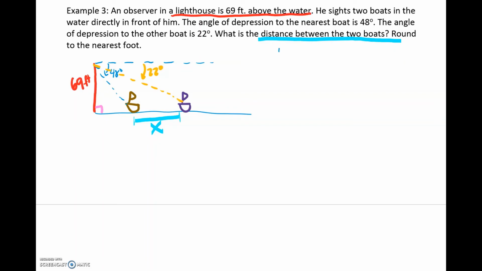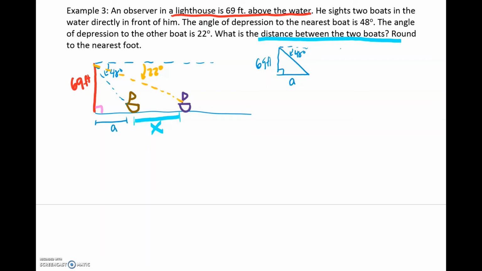So if we take this apart, right, and this is the nearer boat, this is 69 feet, and that angle is 48 degrees. We can look for this segment, which I'll call A, right? And that A is this corresponding piece.